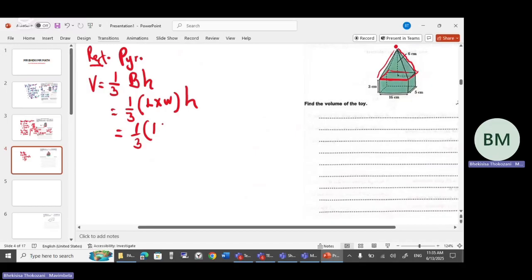Okay. My length is 16 multiplied by my width here, which is this one here, which is 5. I hope I'm making sense. Then I'm going to multiply by the height, which is this one here. How tall is my pyramid? And I'm multiplying by 6 because they gave me there, it is 6.